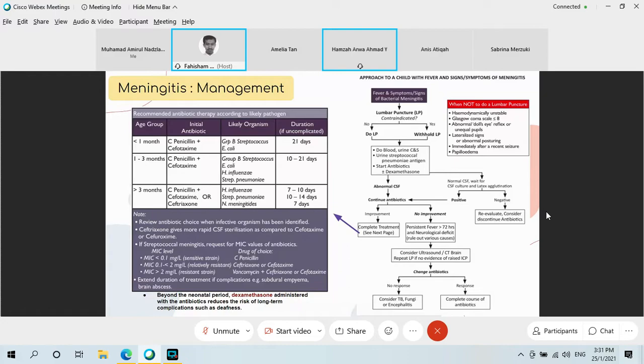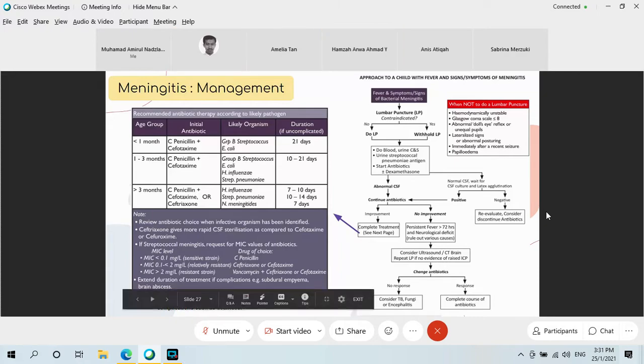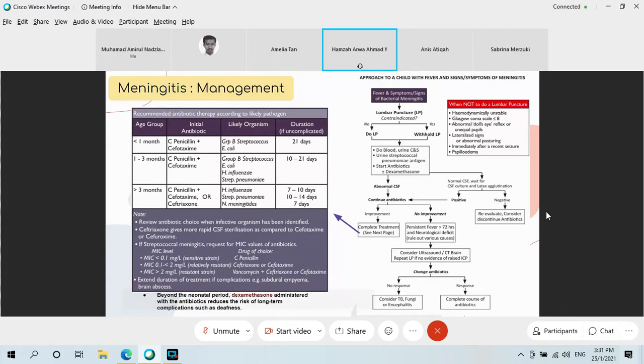If it's E. coli, who gets it? Who's at risk of E. coli? Immunocompromised. Immunocompromised, anything can go with any organism.